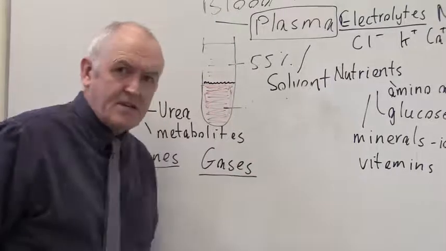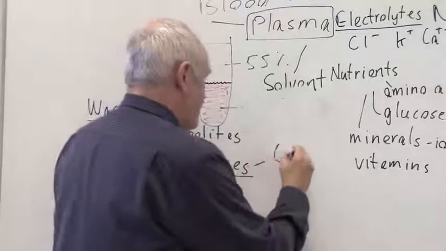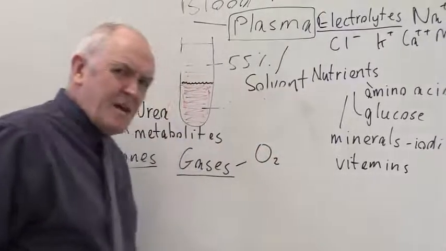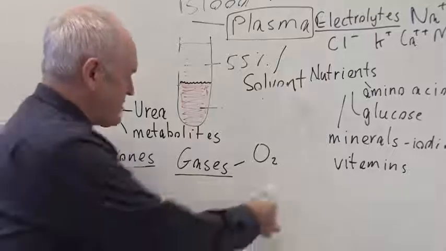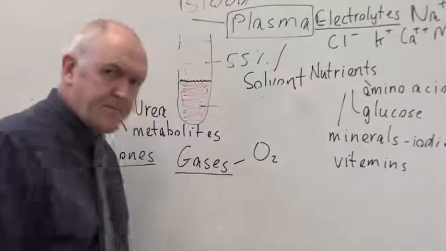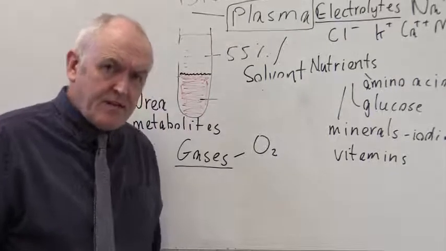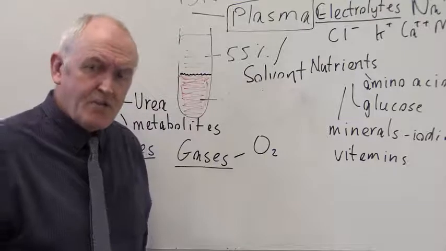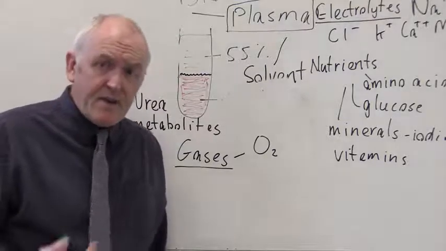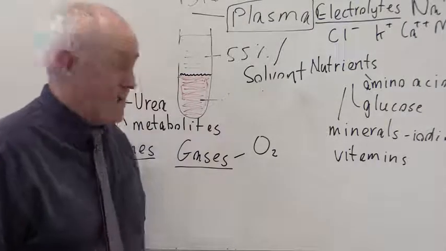And also there's going to be gases. So some gases are transported in the plasma. Now, there is going to be some oxygen in the plasma. Maybe 1% of the oxygen that's carried in the blood is transported in solution in the plasma. 98.5% of it, or almost 99%, is actually transported in association with the hemoglobin in the erythrocytes, in the red cells, in the form of oxyhemoglobin.